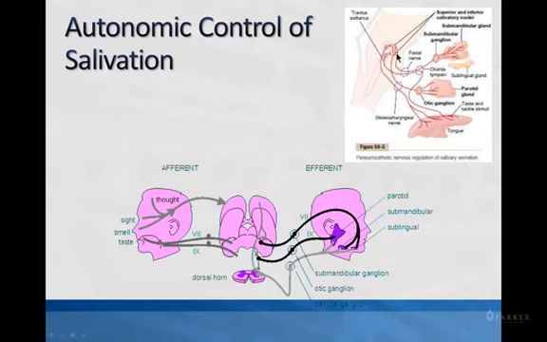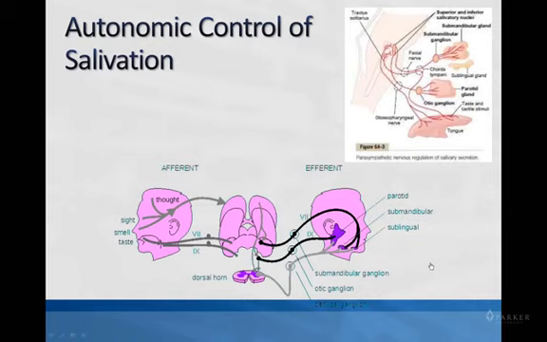It interprets that information. Another thing that can send information is the higher brain centers: the thought of food, the smell of food, the sight of food. That's going to send information down to this center in the brainstem, which then sends motor input to the salivary glands through cranial nerves 7 and 9, and that will affect salivation.